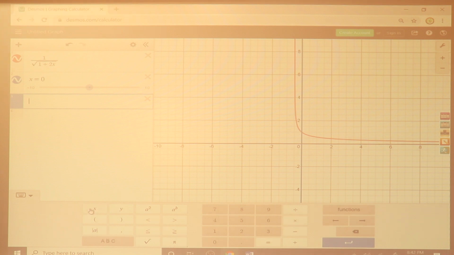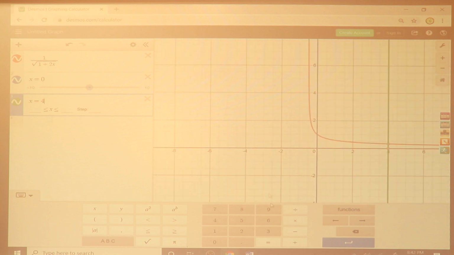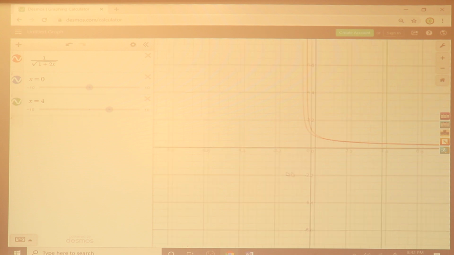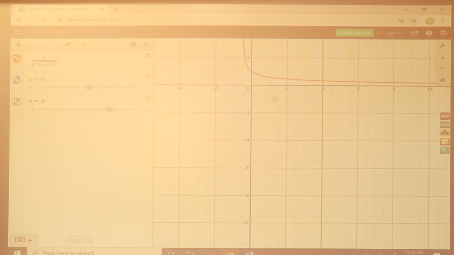You see the area we want to revolve about the x-axis. The revolving will be about what? The x-axis. I'm going to show you.